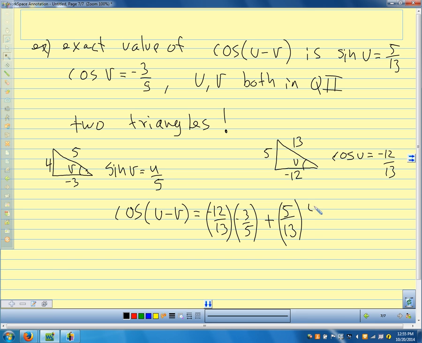Sine V is 4/5. And I get 36 65ths plus 20 65ths equals 56 65ths. So for problems like these, I have to draw one triangle for each angle that I need to find.